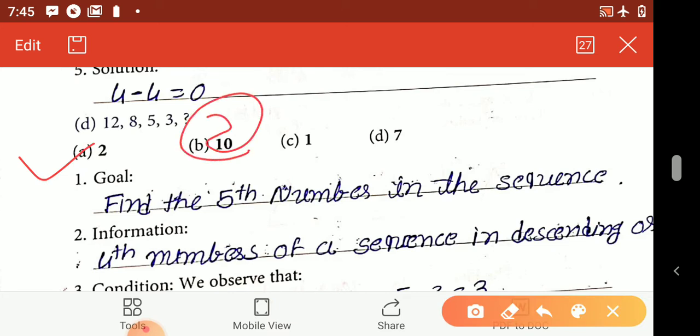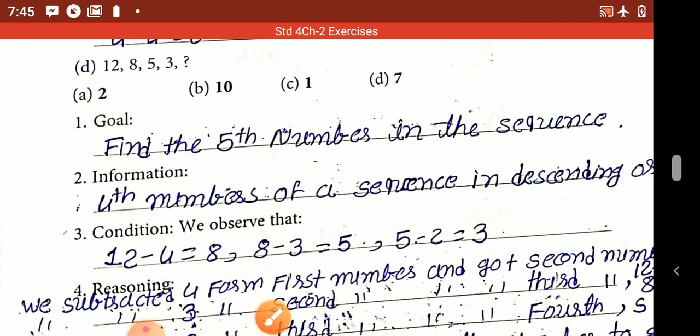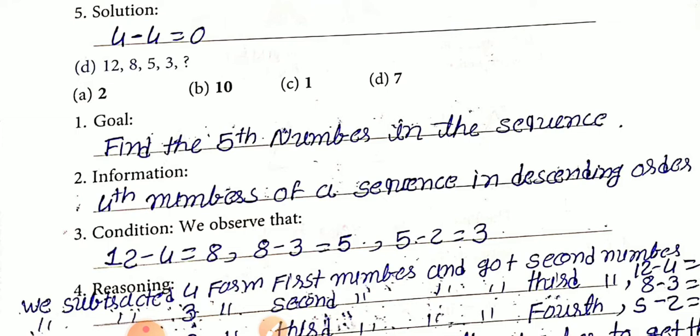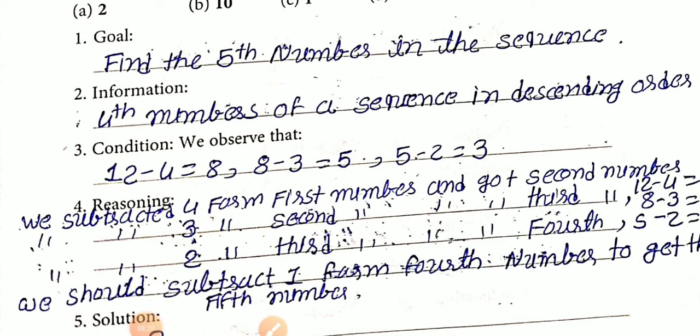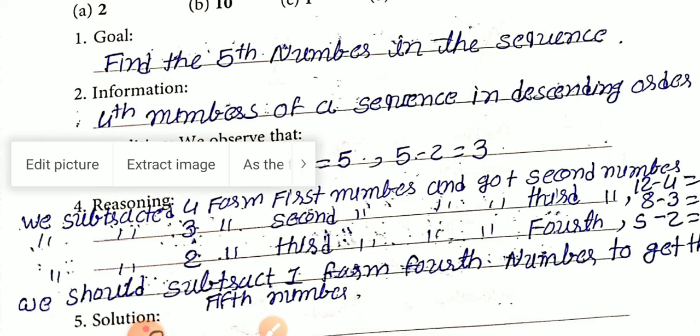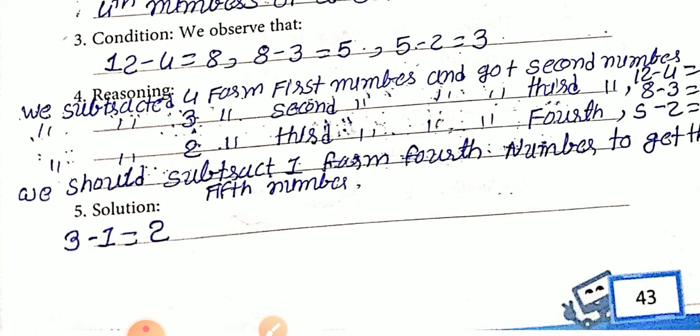So this is the information you can write in your textbook. Here your goal is to find the fifth number in the sequence. Second, information: the numbers of a sequence are in descending order. And third, condition: we observe that 12 minus 4 is equal to 8, 8 minus 3 is equal to 5, and 5 minus 2 is equal to 3.